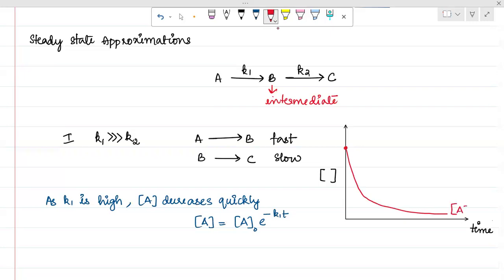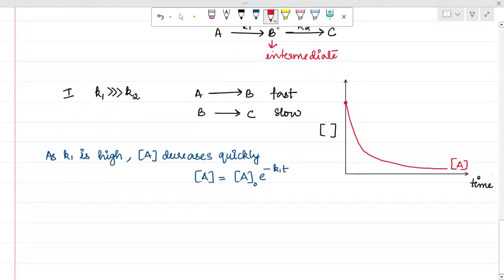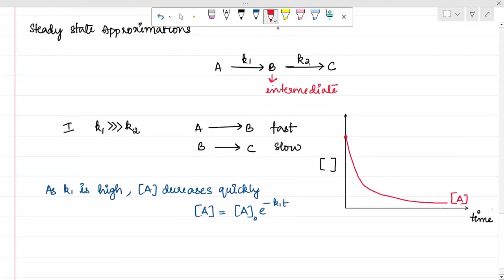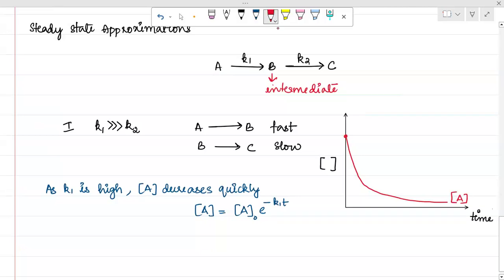This is concentration of A. What about B? B also had exponential terms in it. As it is an intermediate, in step 1, which is the fast step, B is being formed, and that happens quickly. While in the second step, where disappearance of B occurs, that is slow.